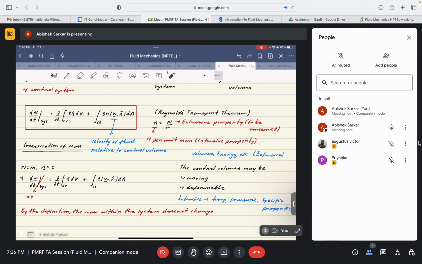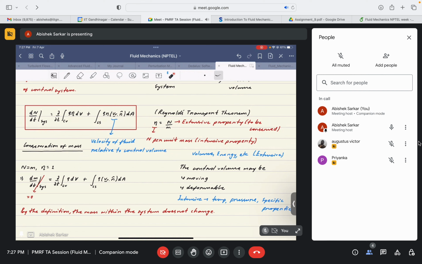So keeping these things in mind, the Reynolds transport theorem can be written as dN by dt of the whole system, where dN by dt denotes the complete derivative of the property of the system, is equal to the partial derivative with respect to time, del by del t, of the volume integral around the control volume of rho eta dV, where dV denotes the elemental volume of the system, and eta is the intensive property, plus the surface integral along the surface of the system of rho eta (Vr dot n cap) dA, where n cap denotes the normal vector of the area along which you are doing the surface integral, and dA denotes the elemental area of the system.